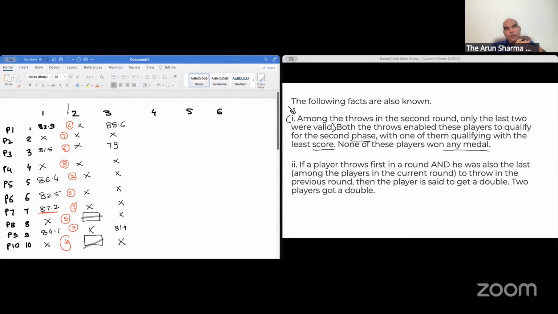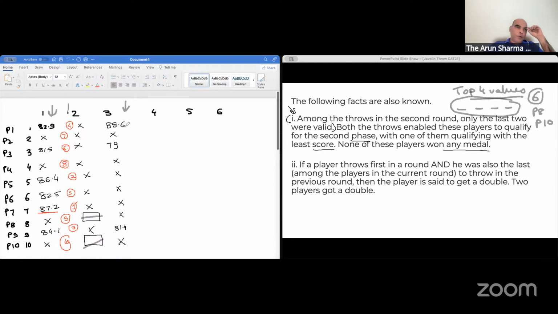If these two are going to be qualifying scores, then amongst the other throws, I got six valid throws in the first round, three valid throws in the third round. I will be looking for the top four values to identify. I already know two people who are qualifying. A total of six people have qualified. I know P8 and P10 have qualified. So I'm trying to look for the other four qualifiers with the top four values of throws.